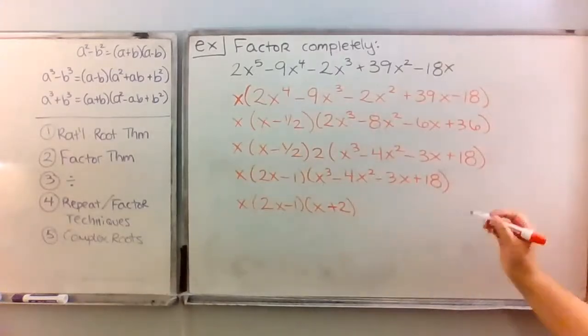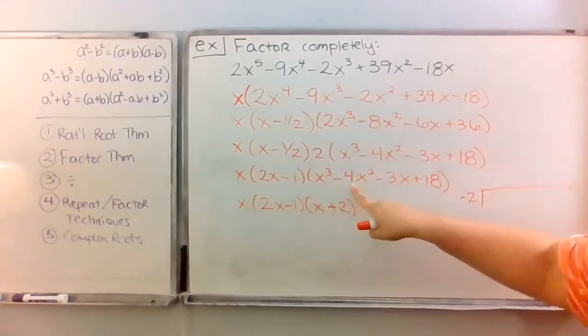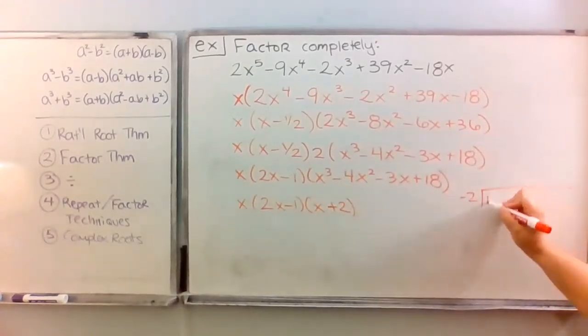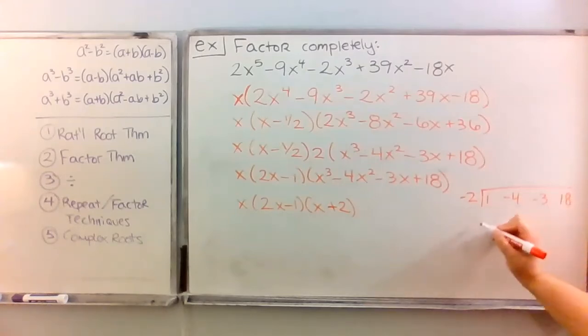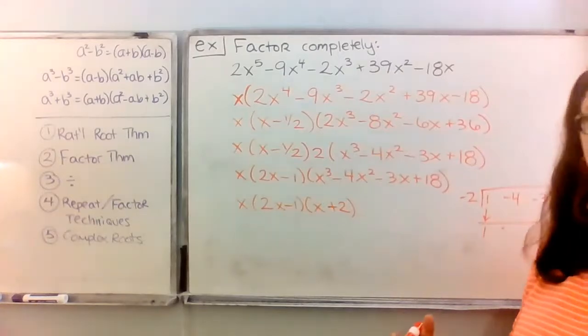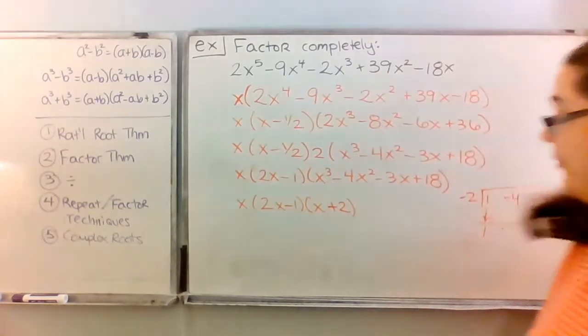So I'm going to put negative 2 outside the box and these coefficients inside the box. And I'm just going to zip through this since we've already done some synthetic division in this video, but you can kind of work through it slowly and pause to check your answer if you like.